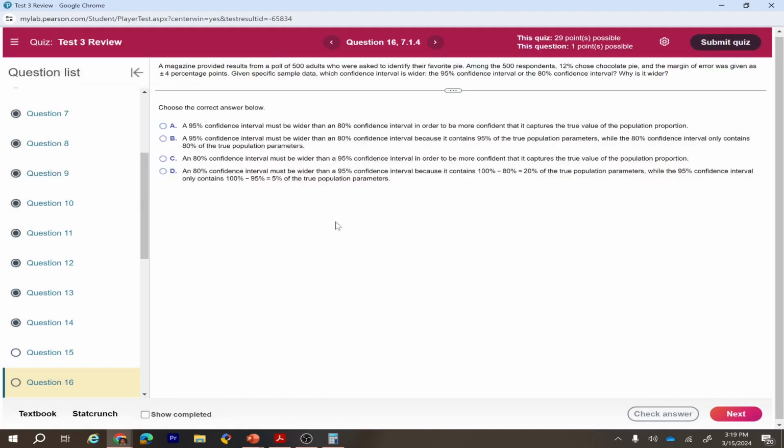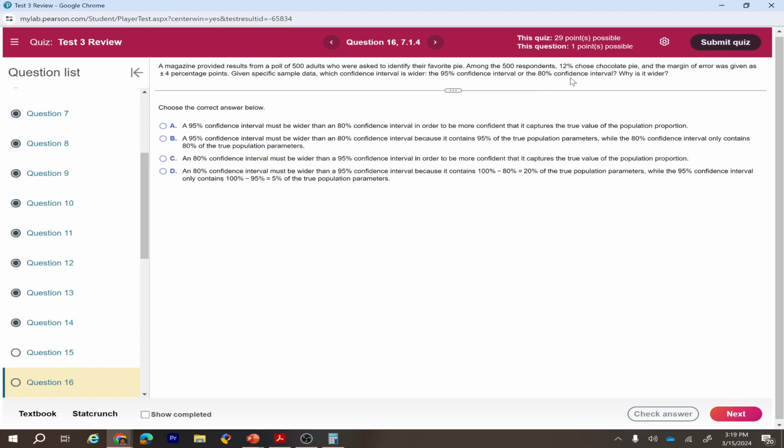Question number 16. A magazine provided results from a poll of 500 adults who were asked to identify their favorite pie. Among the 500 who responded, 12% chose chocolate pie, and the margin of error was given as plus or minus 4 percentage points. Given specific sample data, which confidence interval is wider, the 95% confidence interval or the 80% confidence interval?